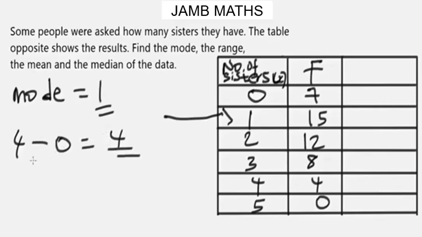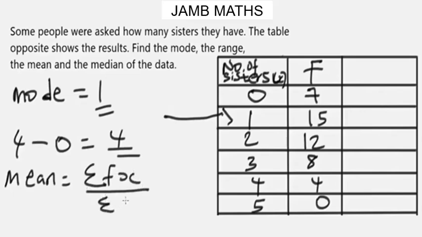Whereas for the mean, we're going to apply the formula sigma fx over sigma f. This sigma sign stands for summation. For sigma fx, we need to get fx, so that's why I included this column here.